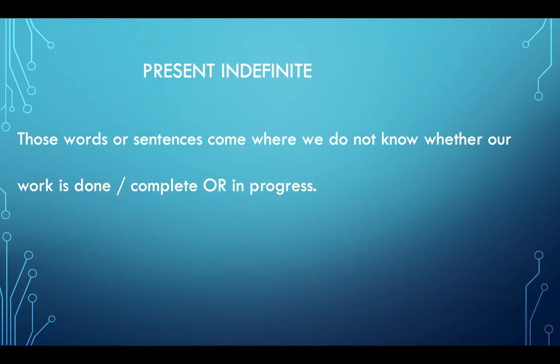Let's look at the examples. For example, when I say Mohan plays football, this means that Mohan, he is playing football, he plays football, but the verb plays does not tell us whether the action is complete or is still in progress.